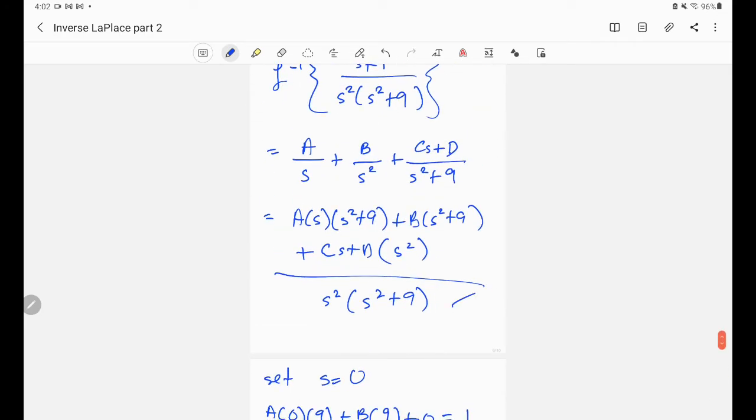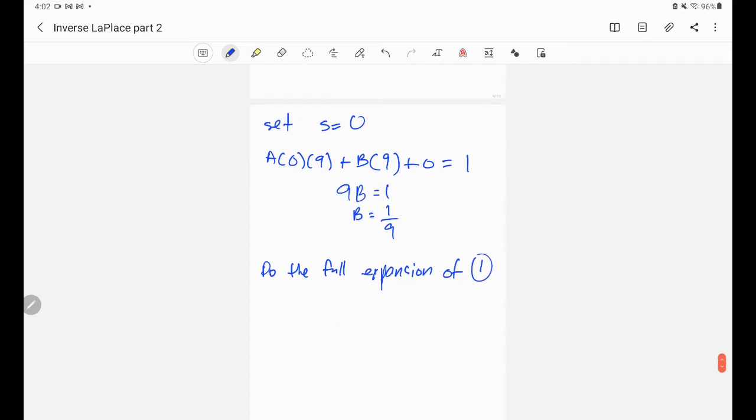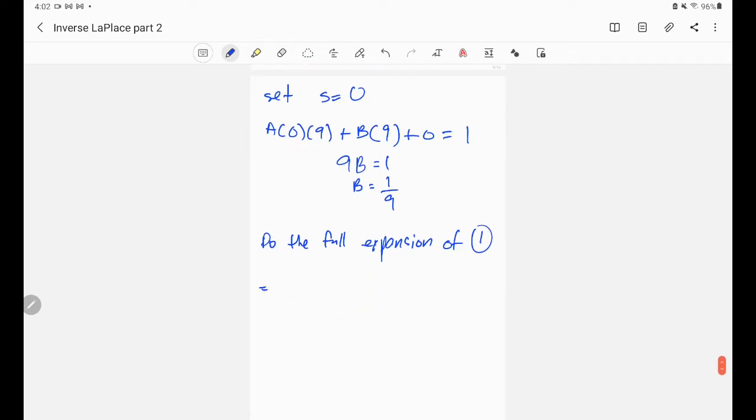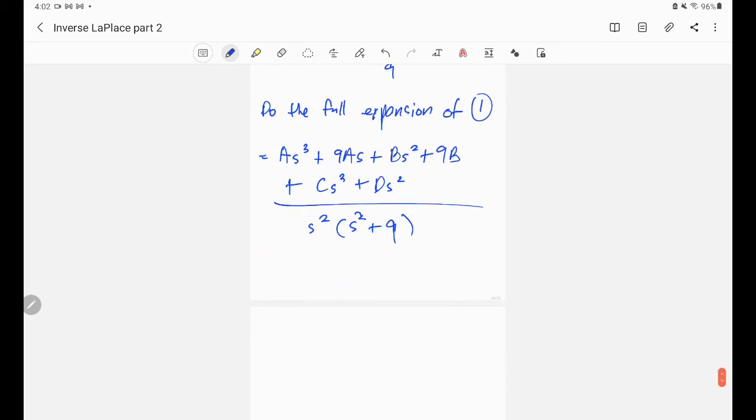Of this equation. So when you expand that, you'll get as cubed plus 9as plus bs squared plus 9b plus cs cubed plus ds squared, over s squared plus 9.